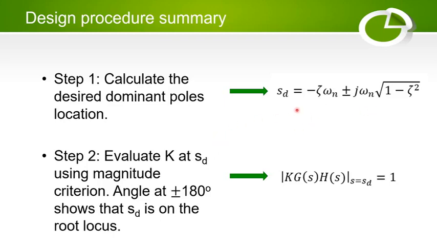Once you get your dominant poles, you have to evaluate the K value using the SD value from step 1. Then you have to make sure that the angle is 180 degrees or minus 180 degrees to show that the SD is on the root locus. Bear in mind, the gain adjustment method is only applicable if the desired dominant pole is on the root locus.